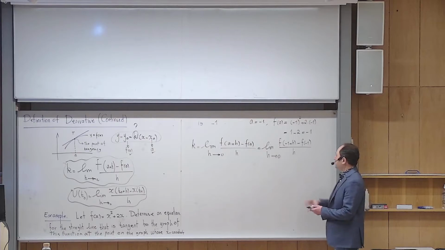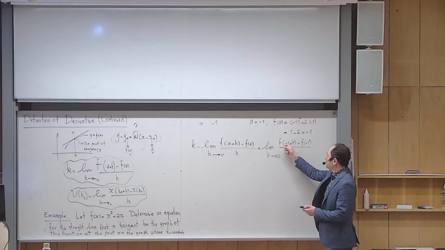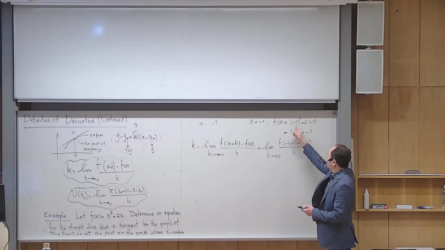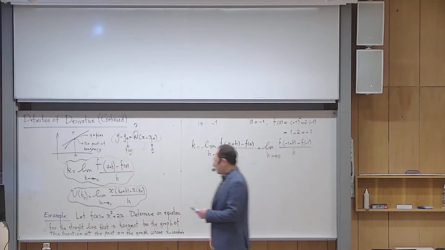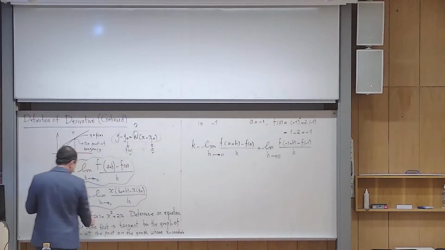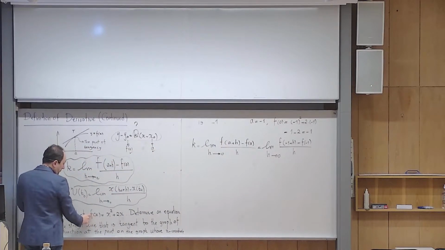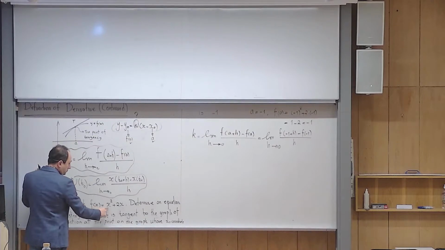Before calculating the limit, I have to write expressions for that and that. This I already calculated, yes? This is f of a, which is minus 1. I also have to calculate this one. What does it mean? F is acting on x and gives me x squared plus 2 times x.